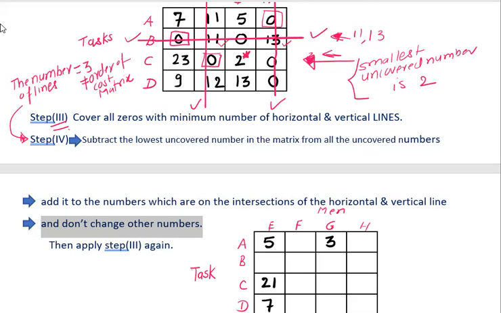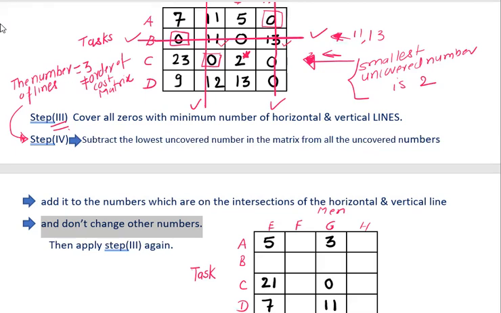All the numbers in the second row are covered. Uncovered numbers here are 2 and 13. Now 2 is in the third row, third column. So 2 minus 2 we get 0, and 13 minus 2 we get 11. So we have subtracted the smallest uncovered number 2 from all the uncovered numbers.